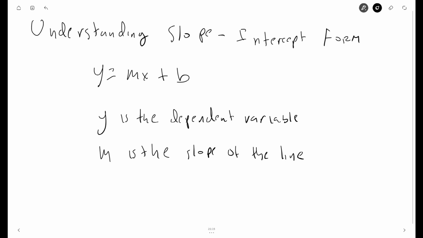This value tells us how steep the line is and the direction it's heading. Think of it as the line's personality. It can be bold and steep, or gentle and gradual. So this is the steepness. And this is the dependent variable.